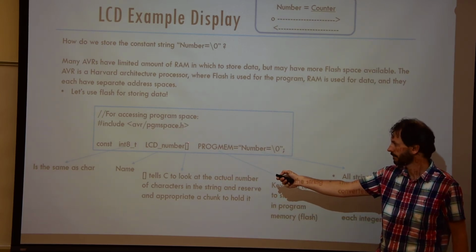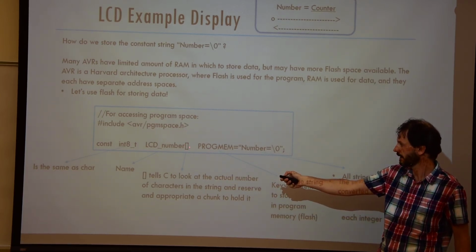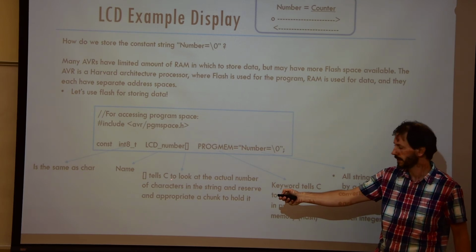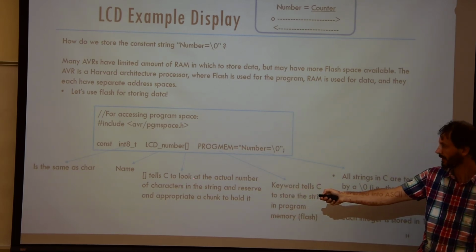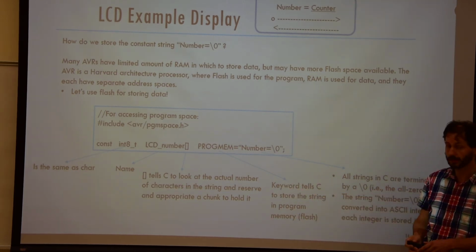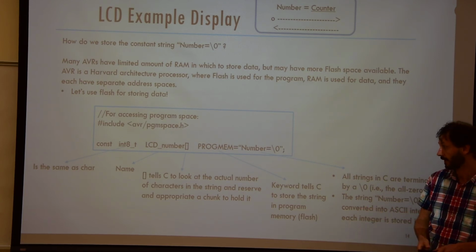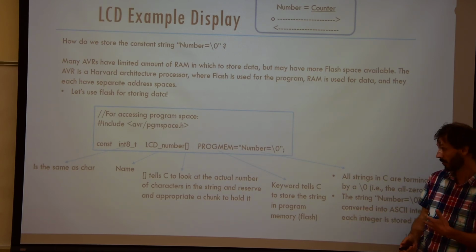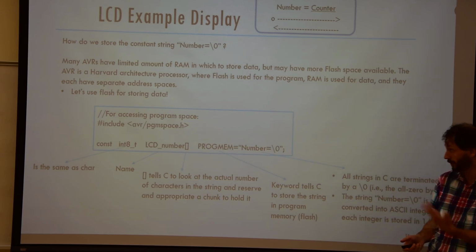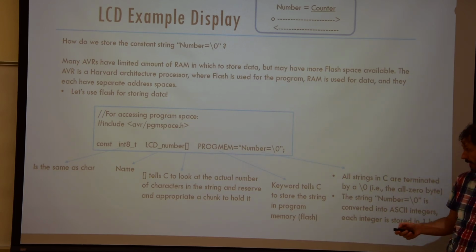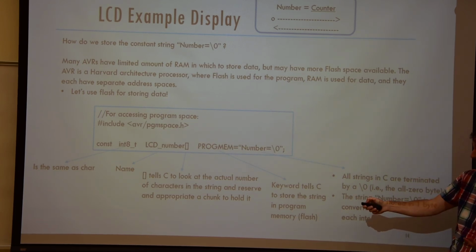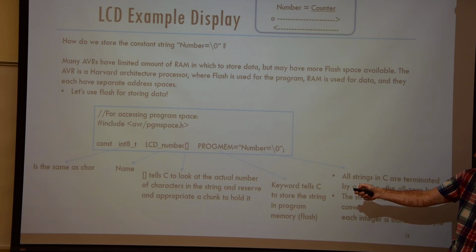And this particular thing indicates to C, to the compiler, to look at the actual number of characters that you're going to store in the string, that you're going to need to reserve for that constant in order to hold that chunk of characters.